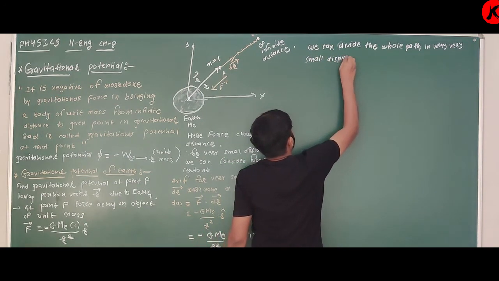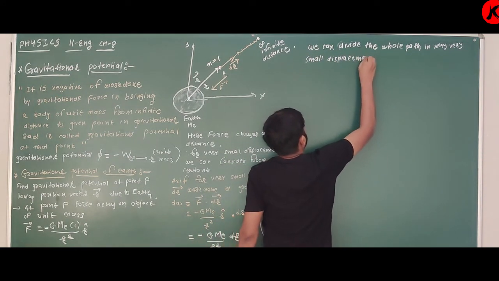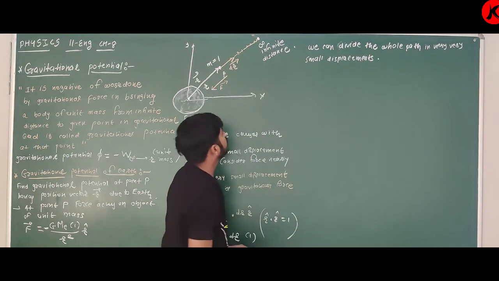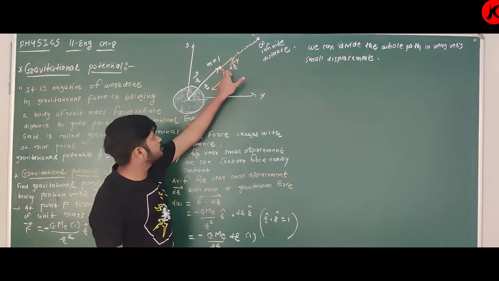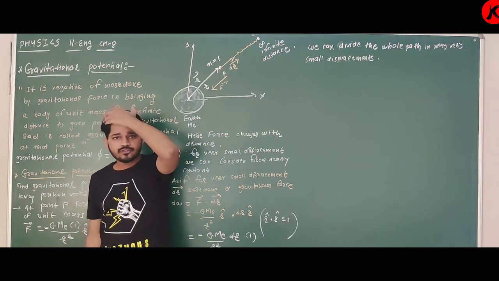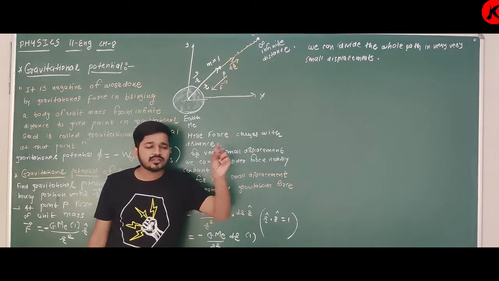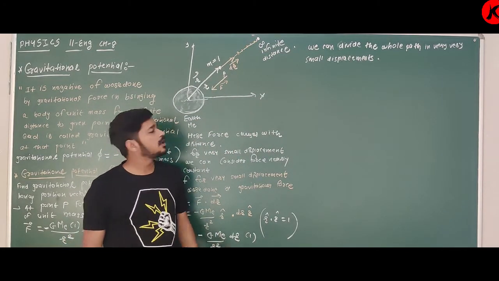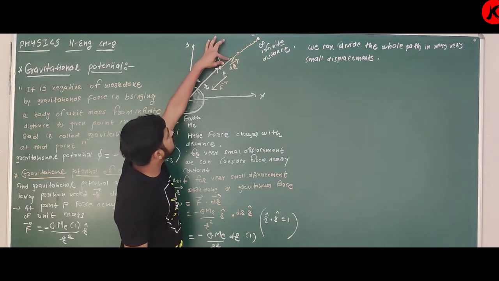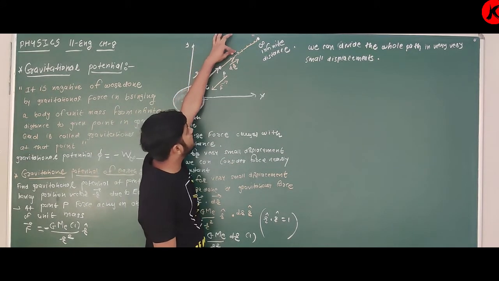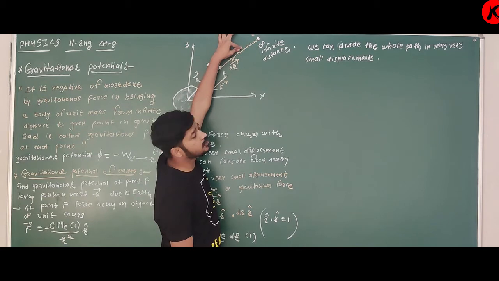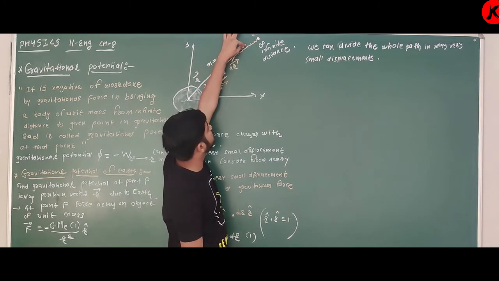We want to bring the unit mass from P to infinity, so we can assume that the whole path is made up of very small displacements. Find the work for this displacement, then for this displacement, then for this one.